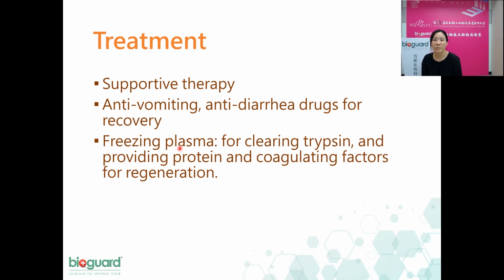Also, this plasma will provide proteins and coagulation factors, and these proteins are for tissue regeneration. Also, when animals have pancreatitis, they face a very severe inflammatory condition, and this will cause coagulation problems. So this plasma will provide the coagulation factors to reverse the coagulation difficulty.